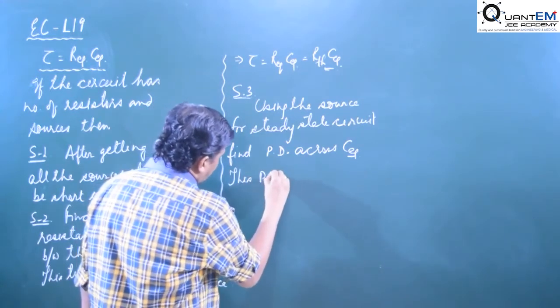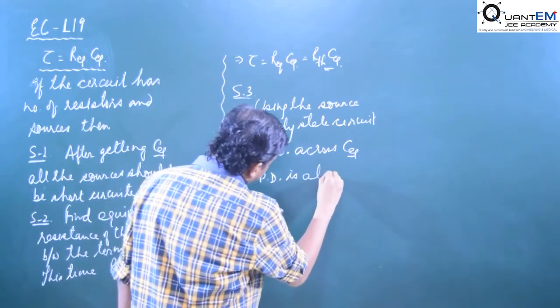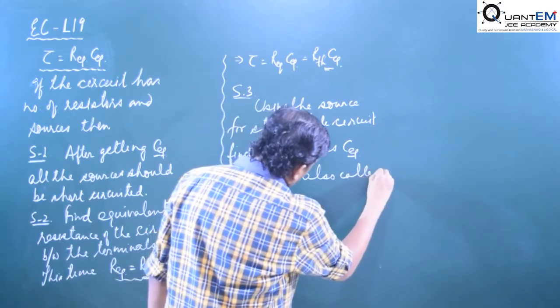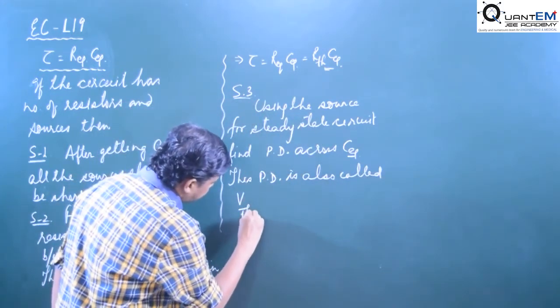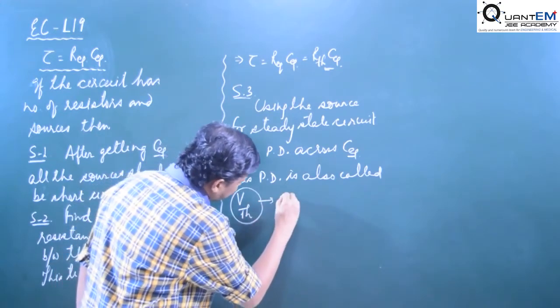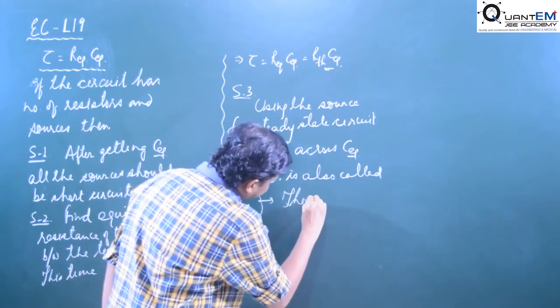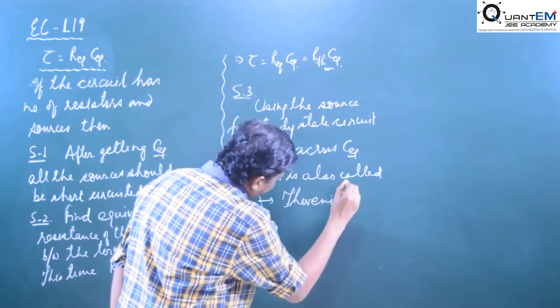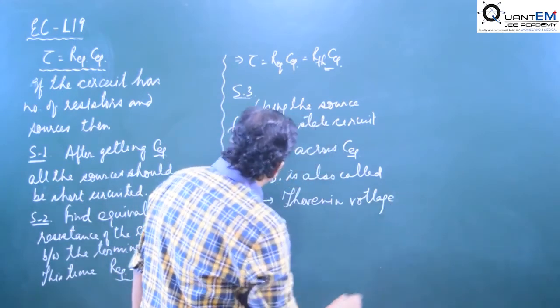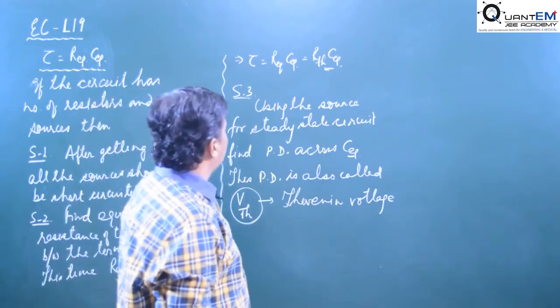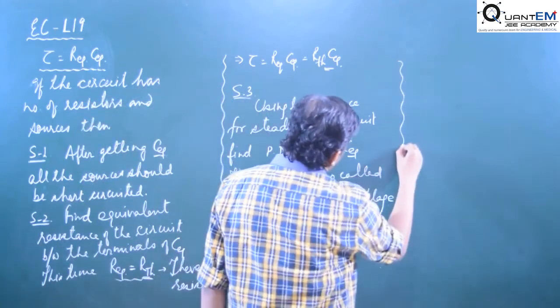This potential drop is also called VTH. This VTH term is the Thevenin voltage. Now we have two parts, one is charging and the other one is discharging.